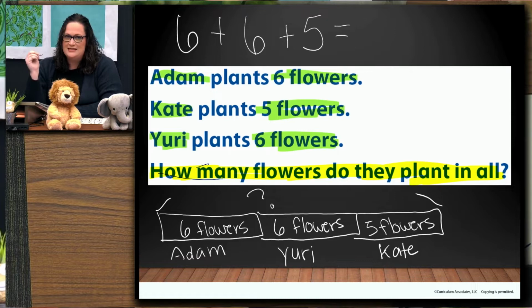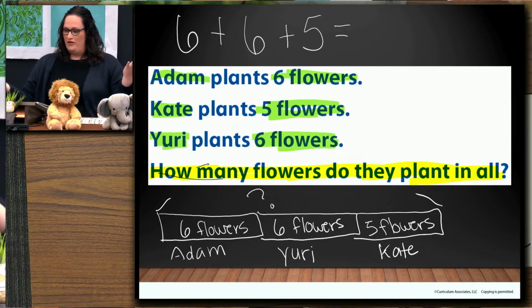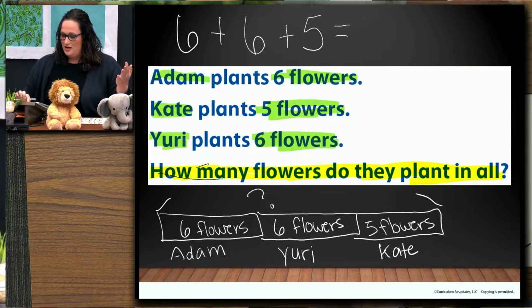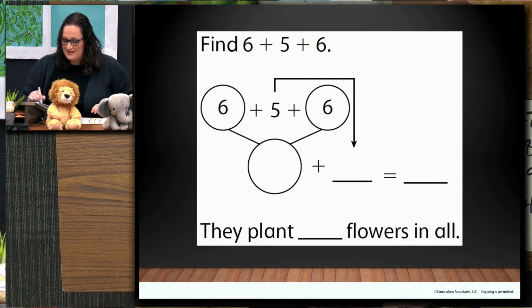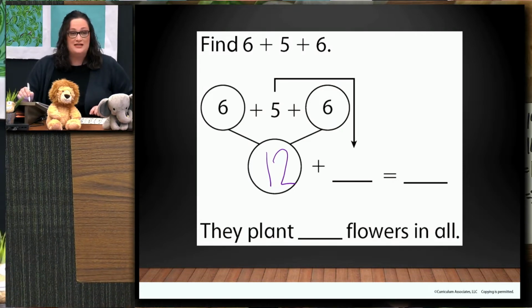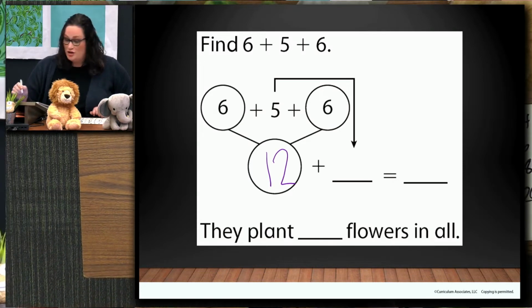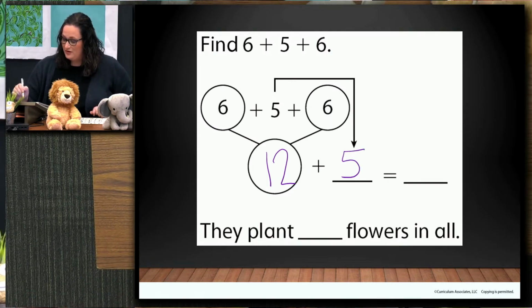6 plus 6 is 12. So now we have 6 plus 6, which makes 12. So we have 12 plus what's left over? 12 plus 5.